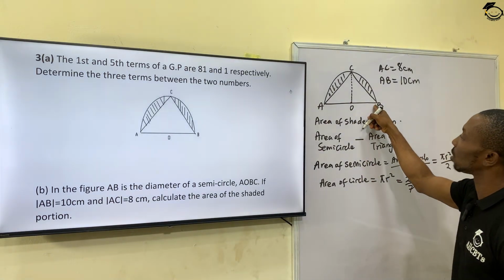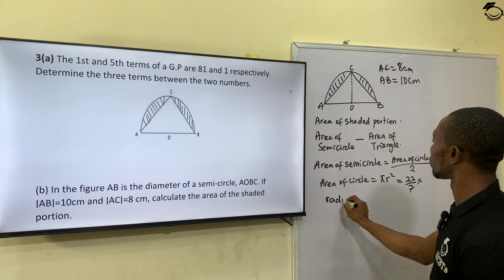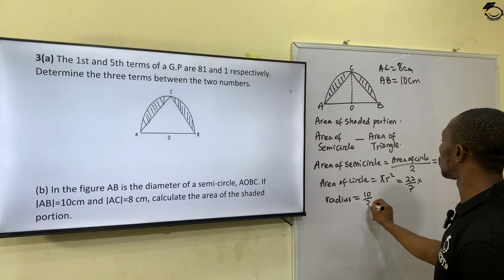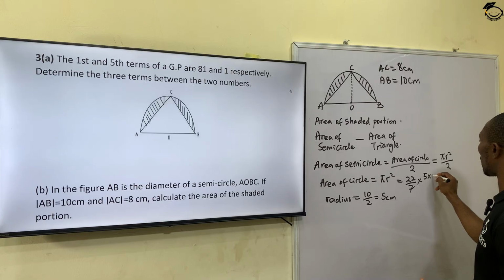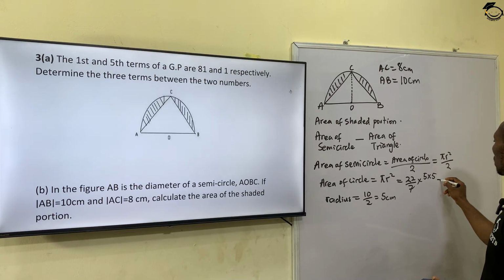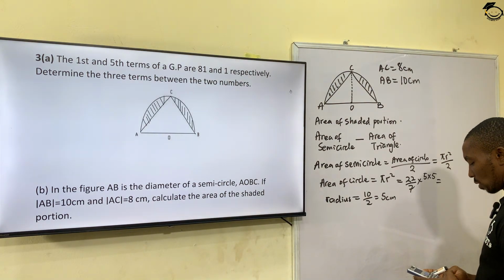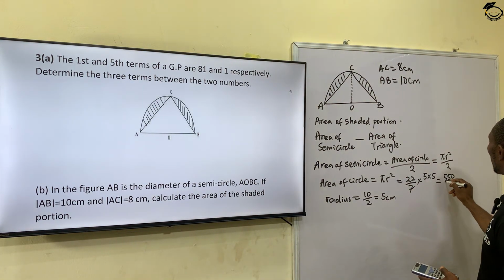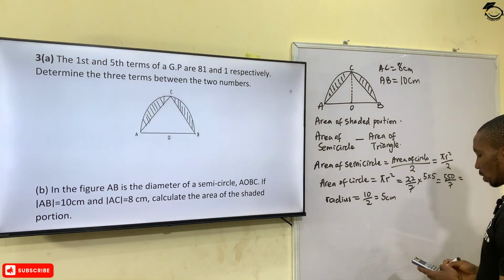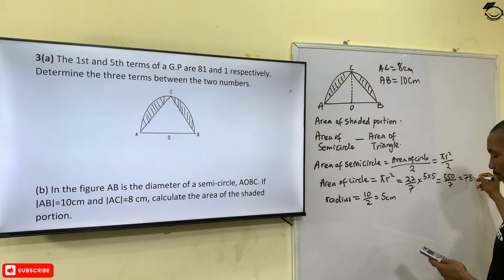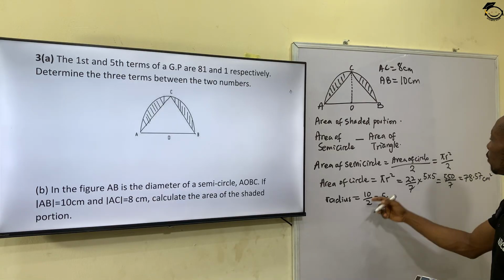Since AB is the diameter, which is 10, our radius will be 10 over 2, which is 5 centimeters. So this will be 5 times 5, which leaves us with 22 times 25 divided by 7, would give us 78.57 centimeters squared. That's the area of our circle.